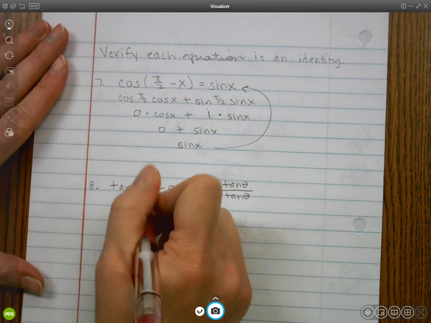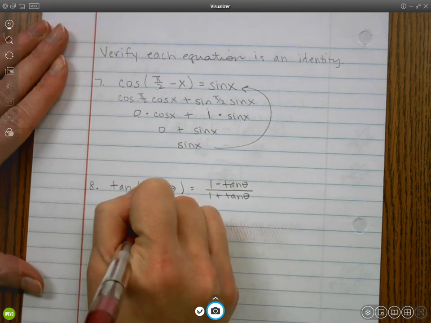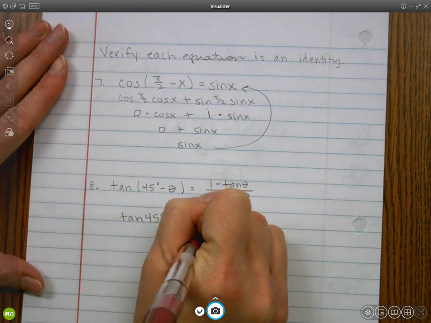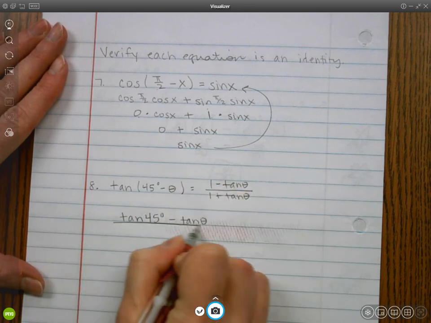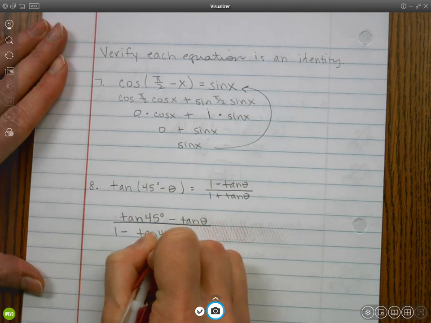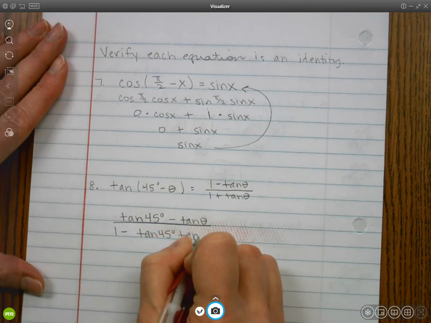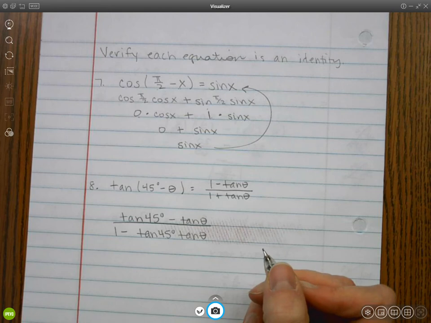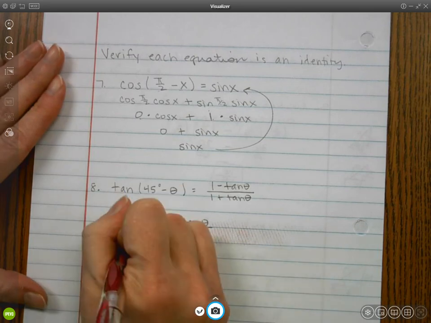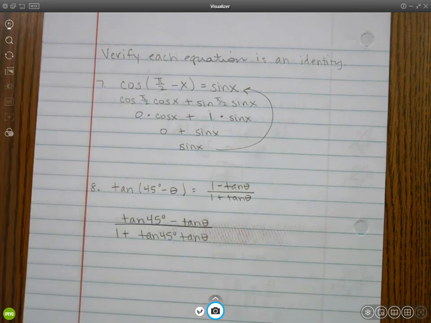So remember, tangent is tangent of the first, keep the sign, tangent of the second, over 1 minus tangent of the first times the tangent of the second. The sign changes. On the bottom, the sign changes.